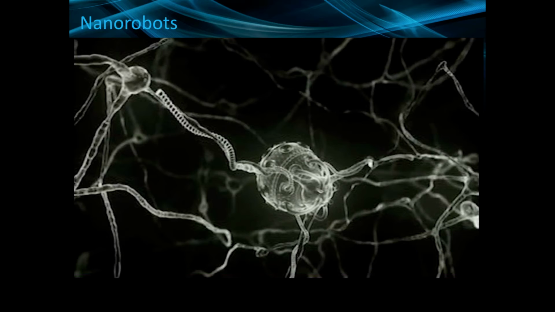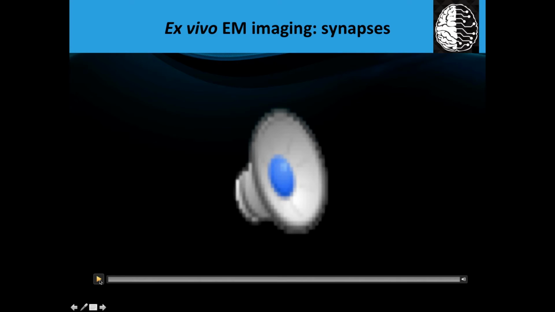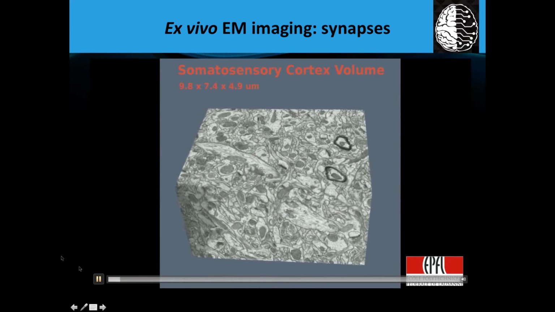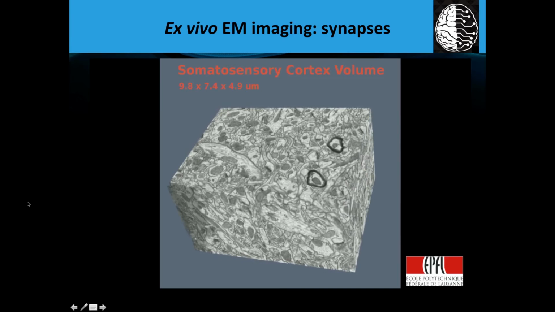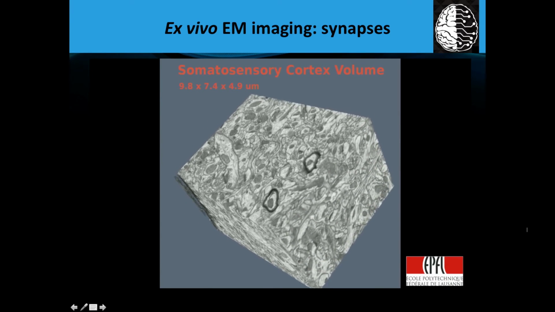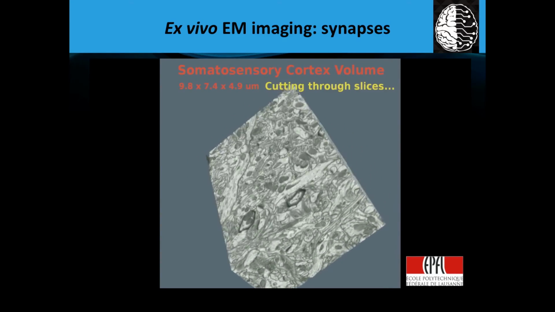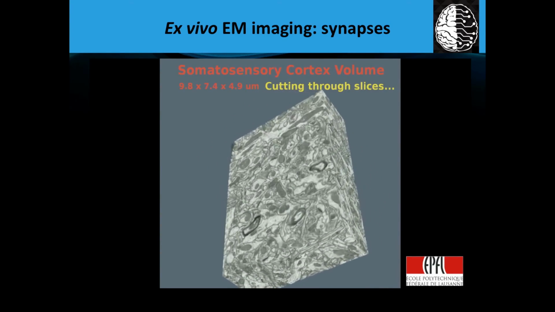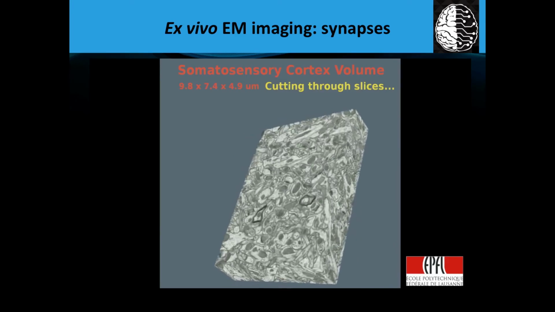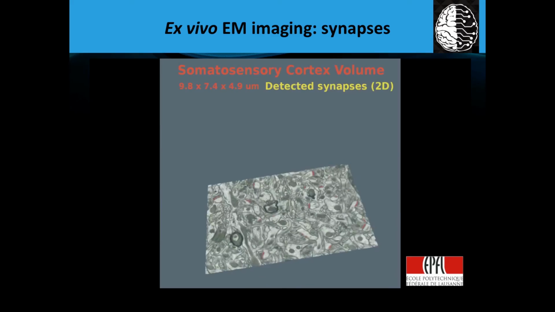So in practice, one of the many ways that people image the brain is they use an electron microscope. And so on these electron microscope studies, what you do is you take slices of tissue, you image them on an electron microscope, you take the images and put them on your computer, and you stack them up. But what you do after you've done that is you really want to know what the hell is going on. And so at this point, they leave the process to computer scientists who do things like image pattern recognition, deep learning, and so forth.